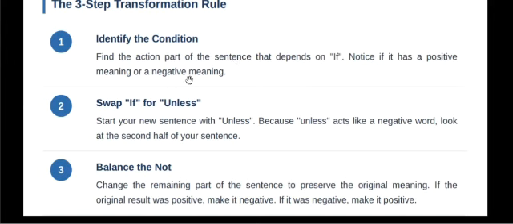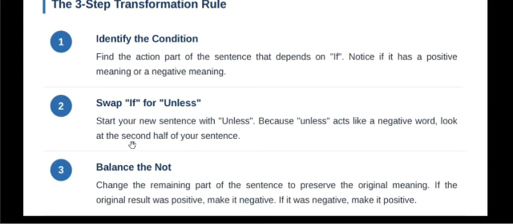After you've done that, the second step says swap if for unless. Remember, we're dealing with unless versus if. So if your sentence is starting with if, you need to swap it with unless when you are writing that clause.